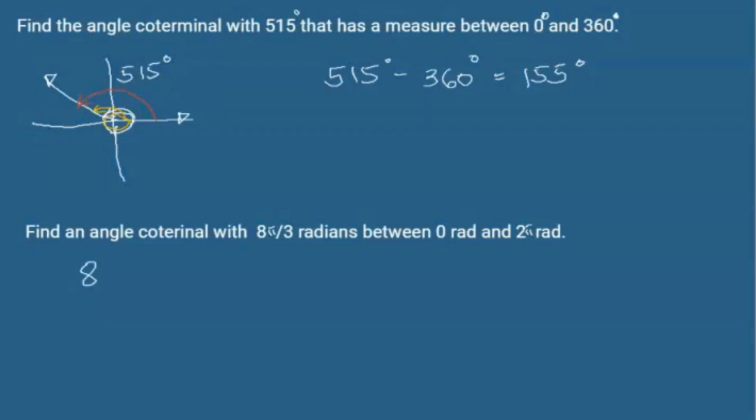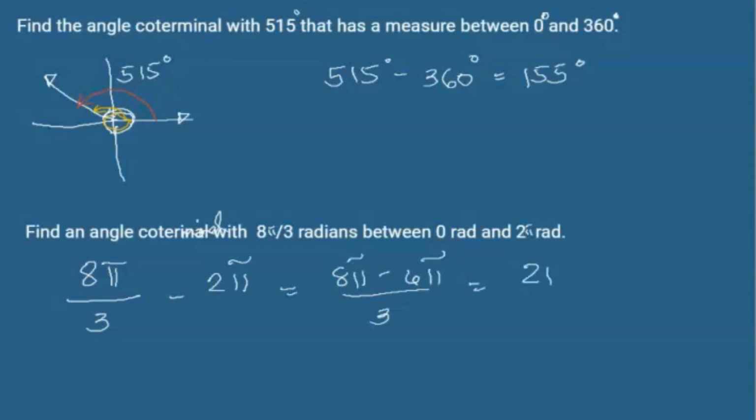So we have 8 pi over 3 radians minus 2 pi. So let's find the LCD. It's 3. So 8 pi minus 6 pi. So a coterminal angle to 8 pi over 3 is 2 pi over 3 radians.